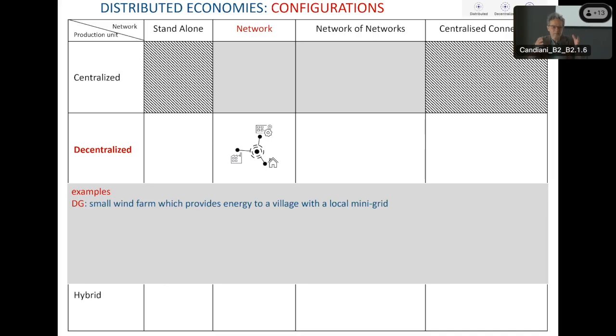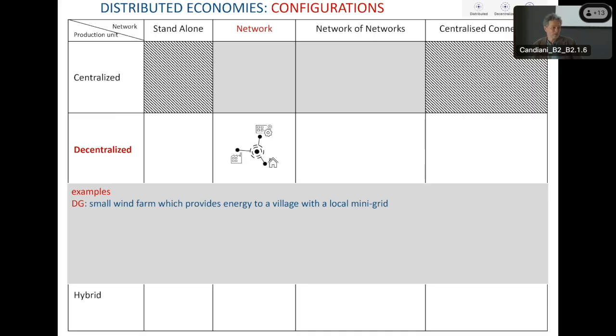So there is a wind farm that is able to produce the energy that is needed for the villagers. So it's not as small as the one that I may have to produce the energy on my home. It should be a little bit bigger because it should provide energy to the villagers.